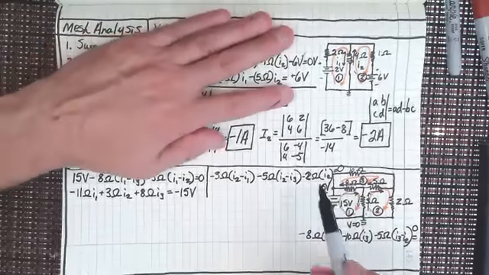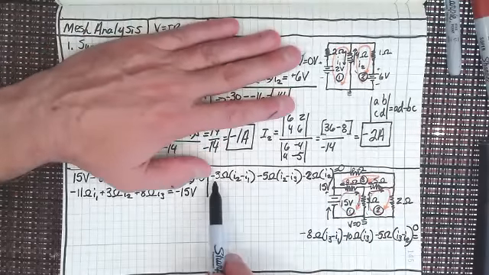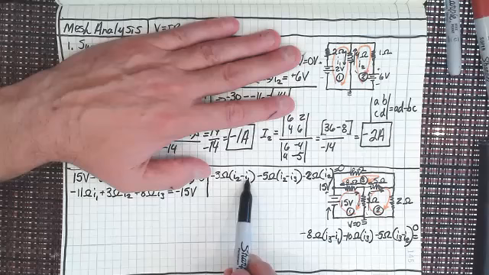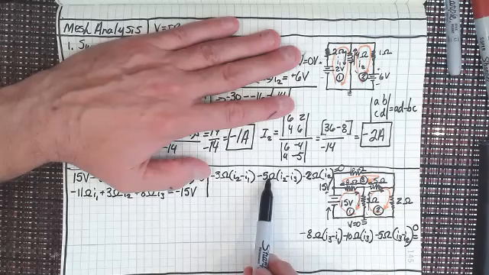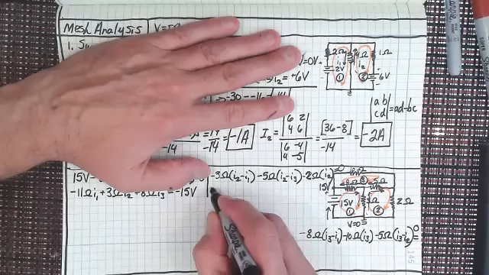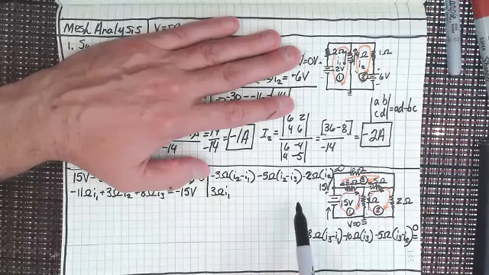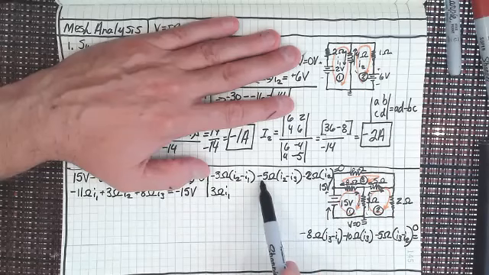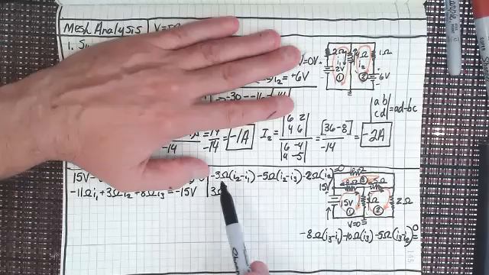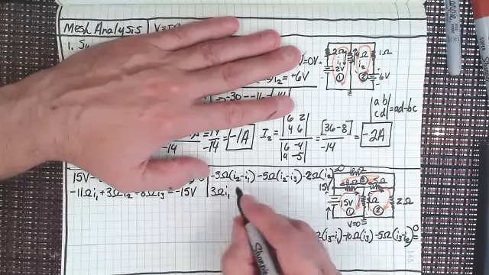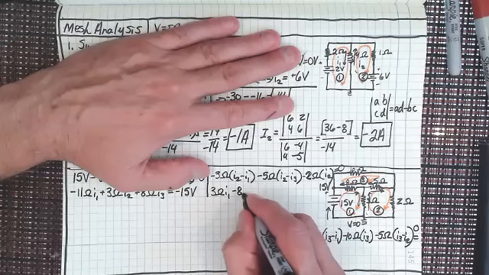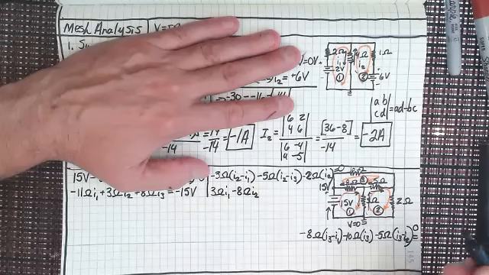Now let's do the same thing here. Now let's go through I1. So I've got plus 3 I1, nope, that's it. So 3 ohms I1. How about I2? Well, I've got 2 of them I have to do. I've got minus 5 I2 minus 3 I2, which gives me minus 8 ohms I2.